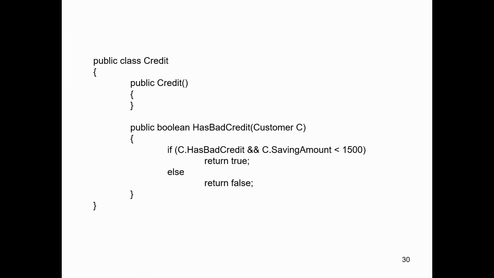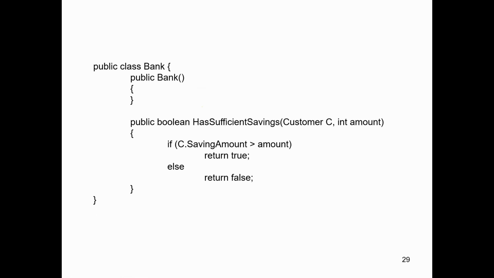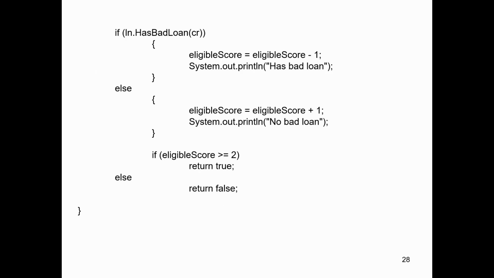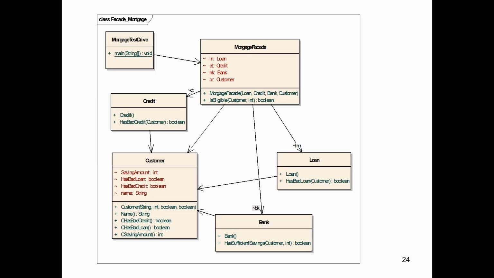This class interacts with loan, credit, and the bank, with the help of the facade, and then it will calculate. So you will see that the connections among these 4 classes are quite complicated. As a client, you don't want to get involved in how they interact with each other.